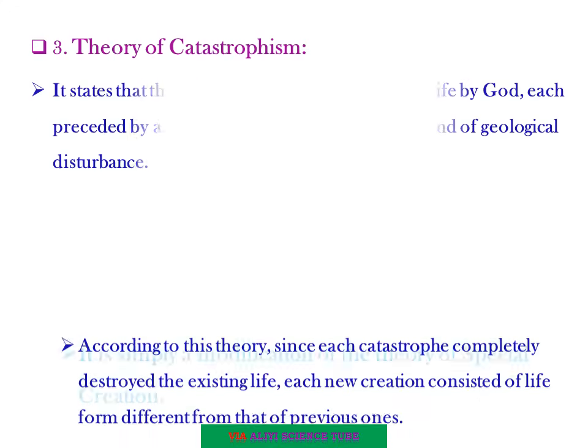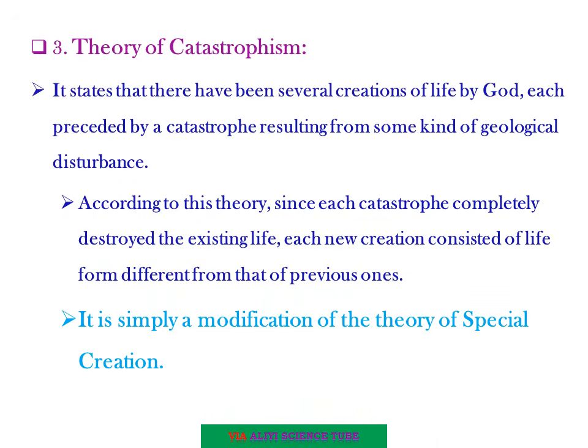The third one is the theory of catastrophism. It states that there have been several creations of life by God, each preceded by a catastrophe resulting from some kind of geological disturbance.